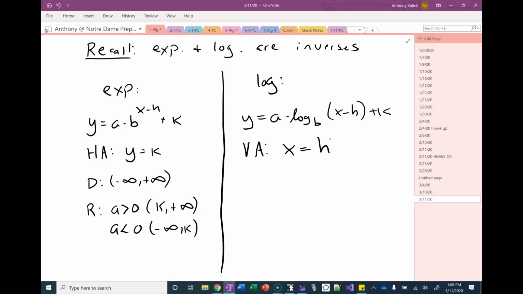So remember, the domain is about which coordinate, x or y? X. So if I take the domain of the exponential, that's really going to tell me about the range for its inverse, right? Is everybody okay there?